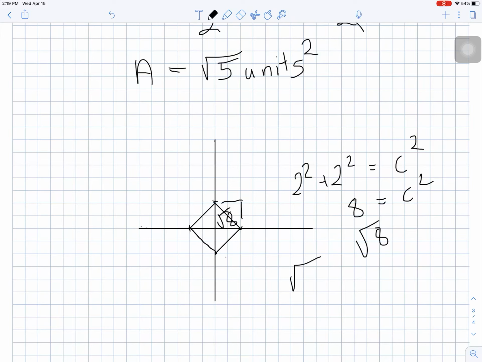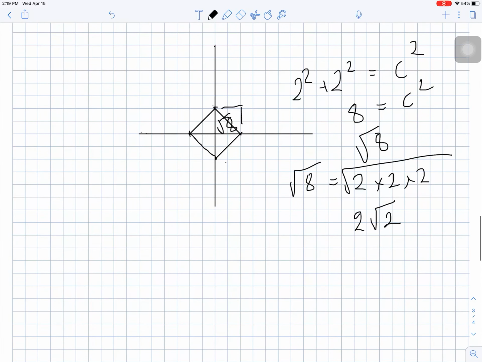We can simplify that one because our side length is actually going to be the square root of 8, which equals the square root of 2 times 2 times 2, which is 2 times the square root of 2. That's the easier way to write it.